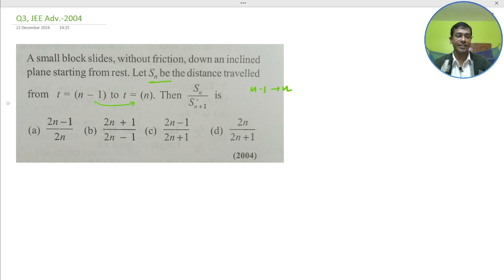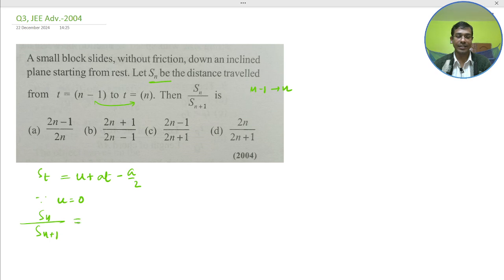You have to find Sn by Sn plus 1. The distance travelled in the tth second is St, so St would become U plus At minus A by 2. You just need to know this formula, and here the initial state is rest, so U equals 0.